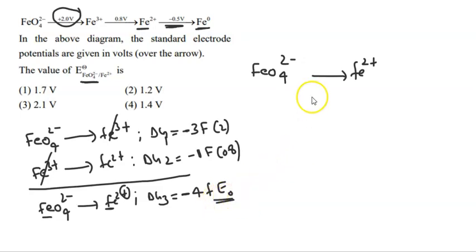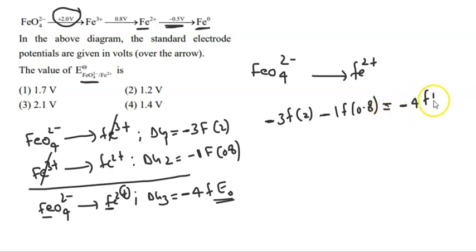That E naught you have to find here. So Gibbs free energy is an extensive property, additive property. That's why delta G3 is equal to delta G1 plus delta G2: minus 3F into 2 minus 1F into 0.8 is equal to minus 4F into E naught.